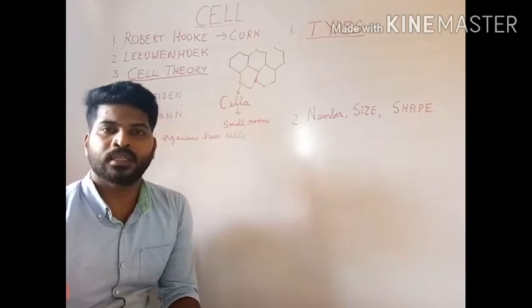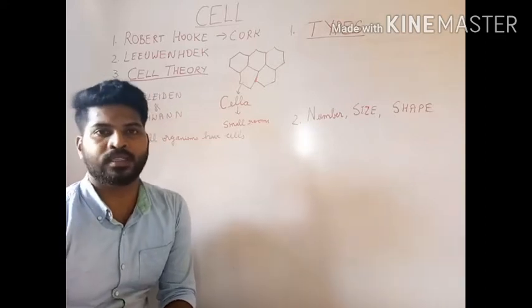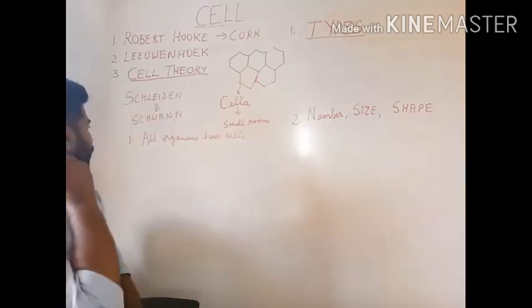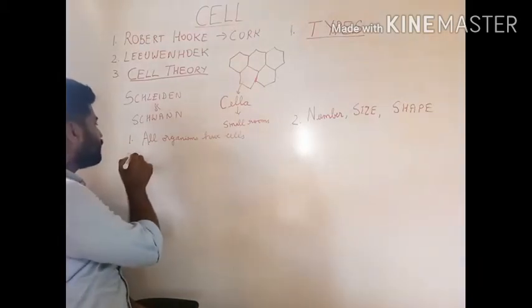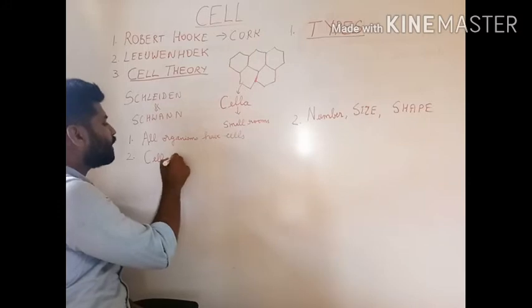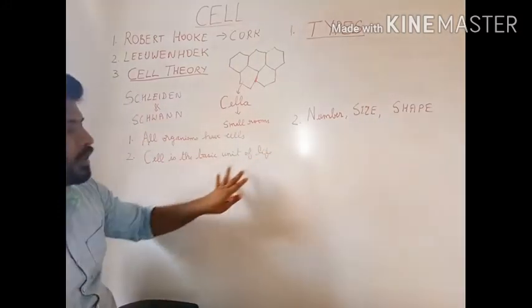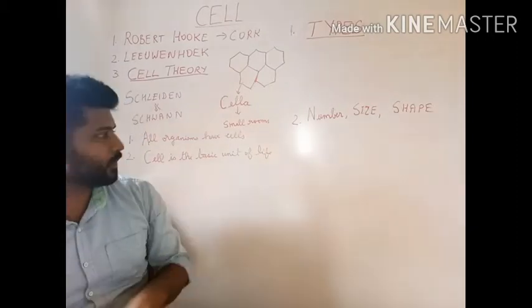Fungus, plants, animals are examples of multicellular organisms. And the second point in the cell theory is that the cell is the basic unit of life. Let us understand this statement in detail.